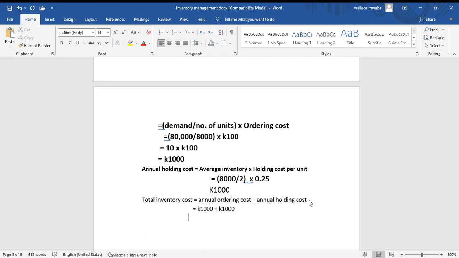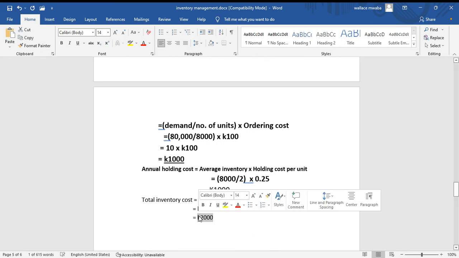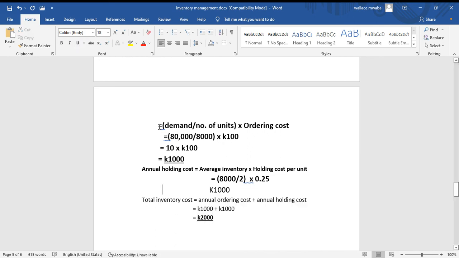We get 2,000 kwacha. Let me just put everything neat.